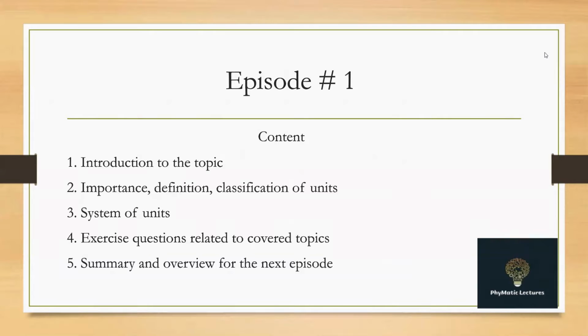Some places, it's expressed in kilogram. So it varies, right? That system is known as the system of units. Okay? So we'll learn about that system of units, and we'll do one exercise question related to this topic. And after that, we will summarize all these contents.